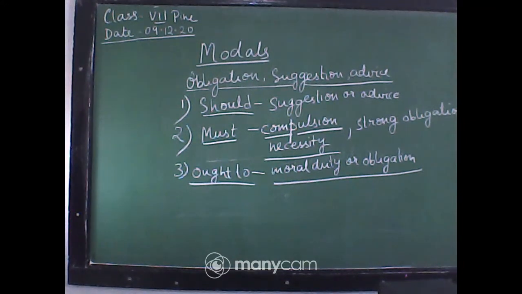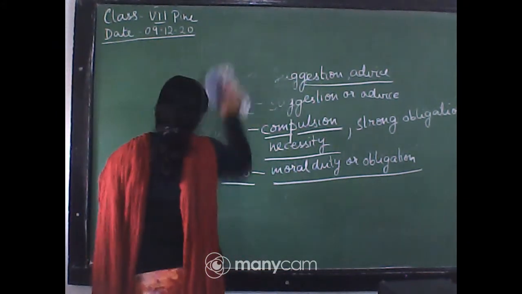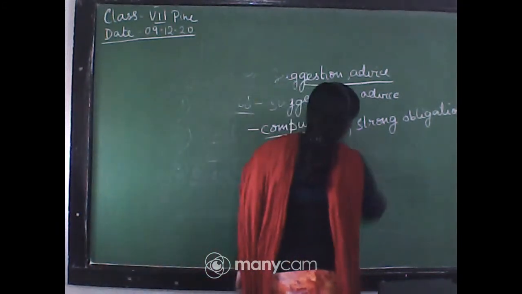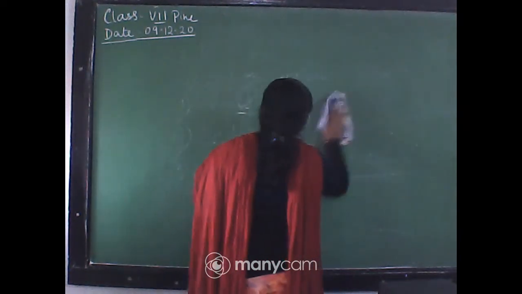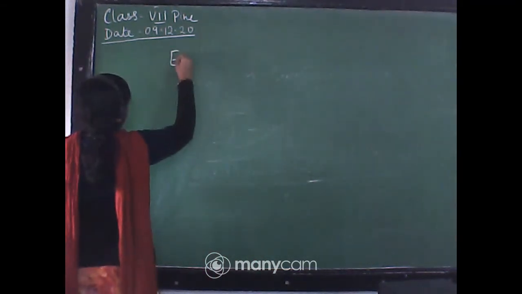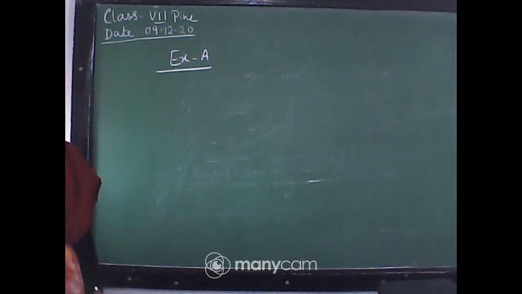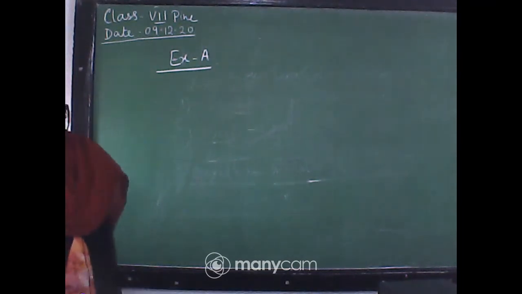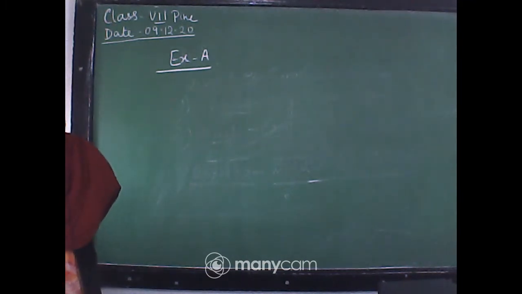Now, we have 5 minutes left. Let us do exercise number A. Exercise A of chapter modals. We are going to do it in the book itself. The first instruction is to fill up the blanks using can, could or be able to.